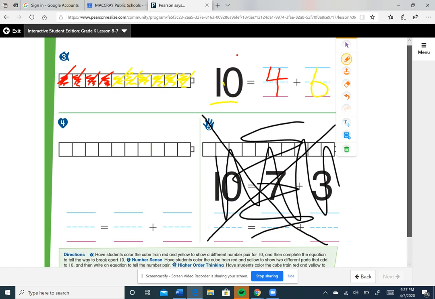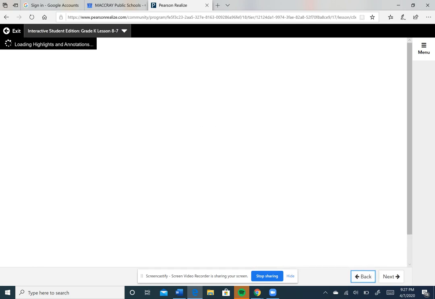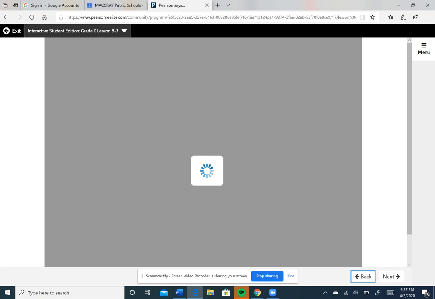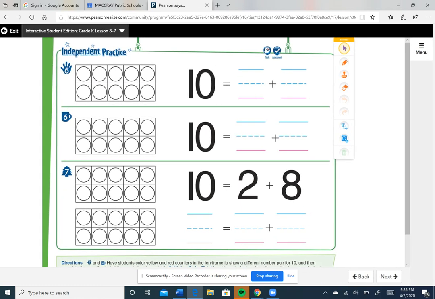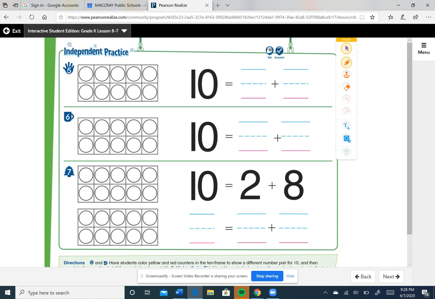So your 2 homework problems are number 4. And on that, you need to show me a different way to make 10 out of the cubes and write the equation. And then on number 7, you need to write kind of the opposite of this equation.